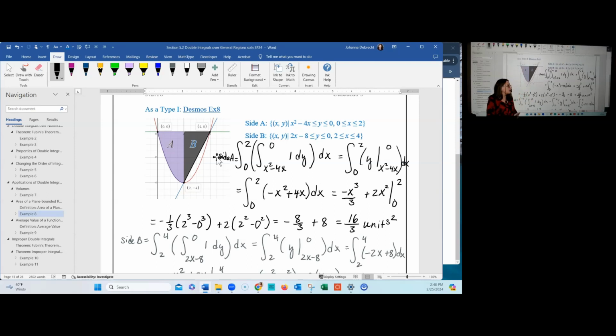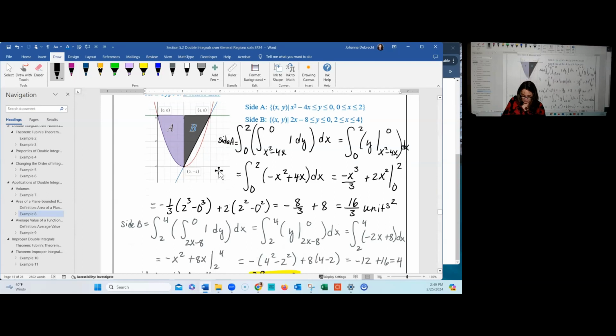Then we set it up again, but for side B, where we are going from x equals 2 to x equals 4 on the outside, and y goes from the line y equals 2x minus 8 to the line y equals 0 above. This time, when we integrate with respect to y, we again get y, and we evaluate between the limits of integration.